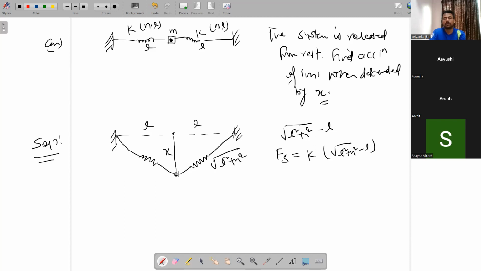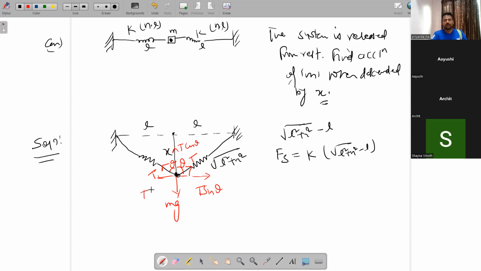Now, draw the FBD of this block. You can see that one tension will be like this. Both springs are identical, so both have the same extension, and so both will have the same tension as well. So this is the mg. Suppose this angle is theta, so this will also be theta. Now break this force into two components. This will have t sin theta, this will be t cos theta.